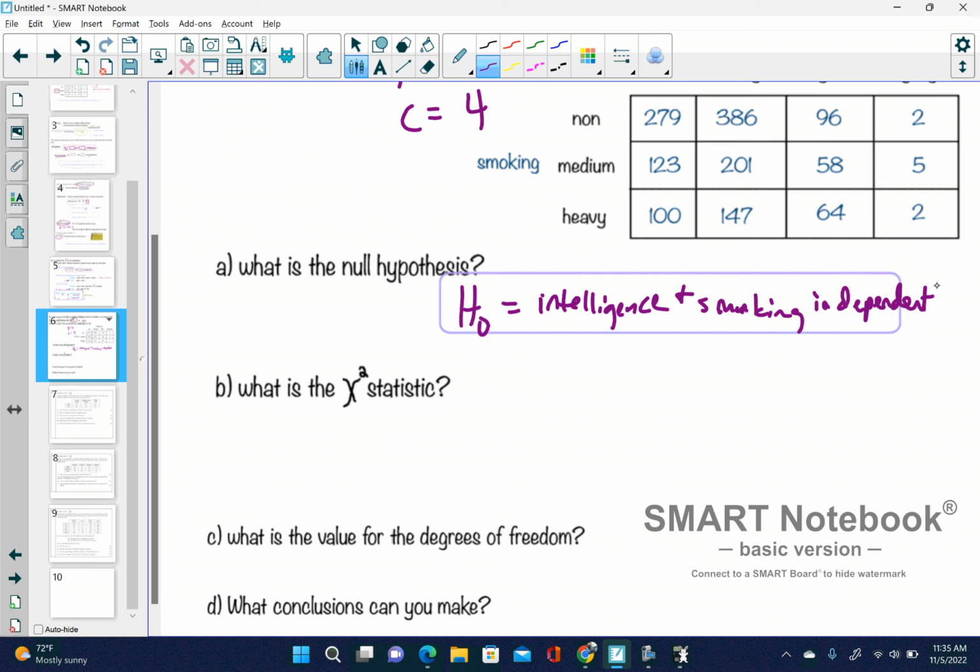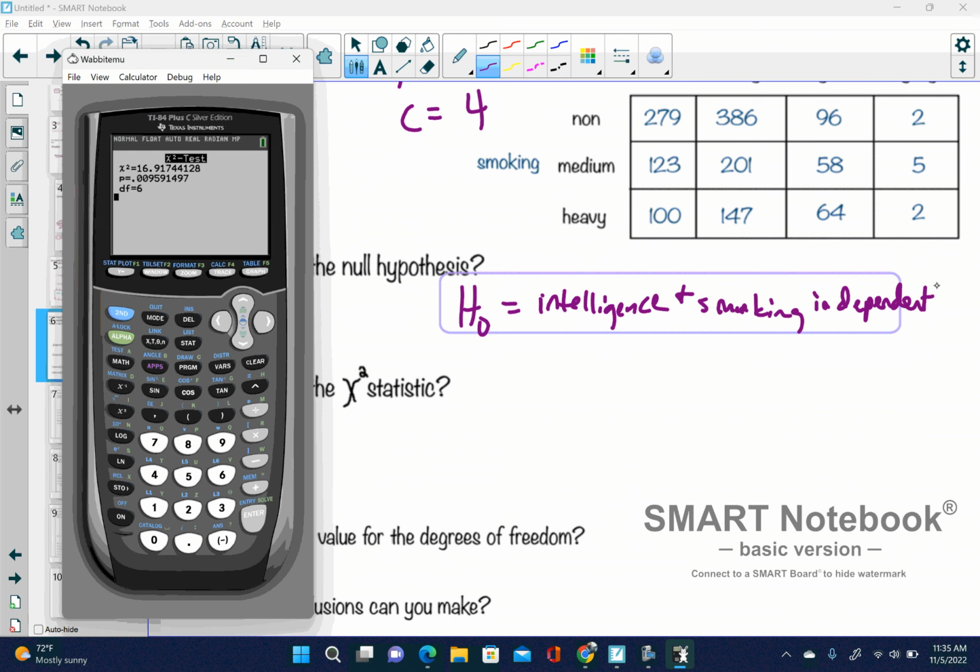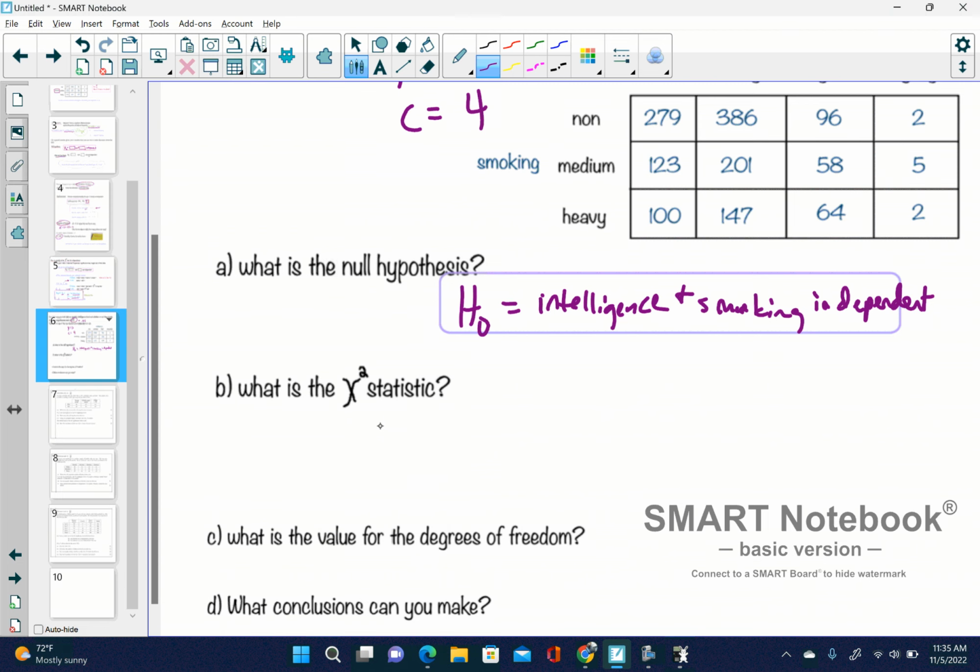What is the chi-squared statistic? The calculator just gave us that. So that's 16.917, so we could go ahead and write that down. 16.917 keeps going. 3 significant figures is going to be 16.9.